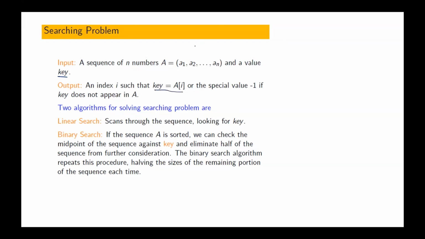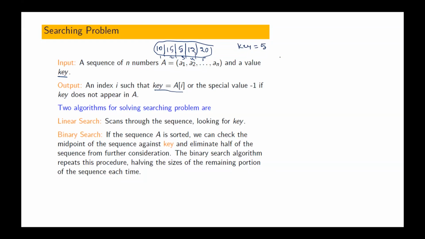What does it mean? If our elements are 10, 15, 5, 12, 20, with positions 1, 2, and so on, and key equals 5, what is the answer it returns?